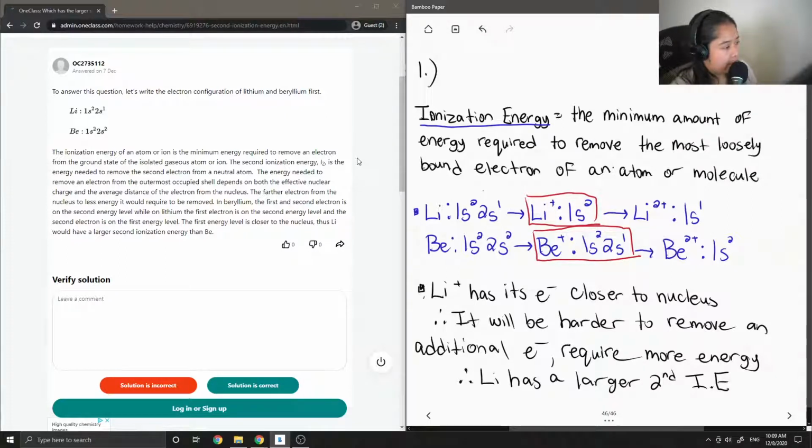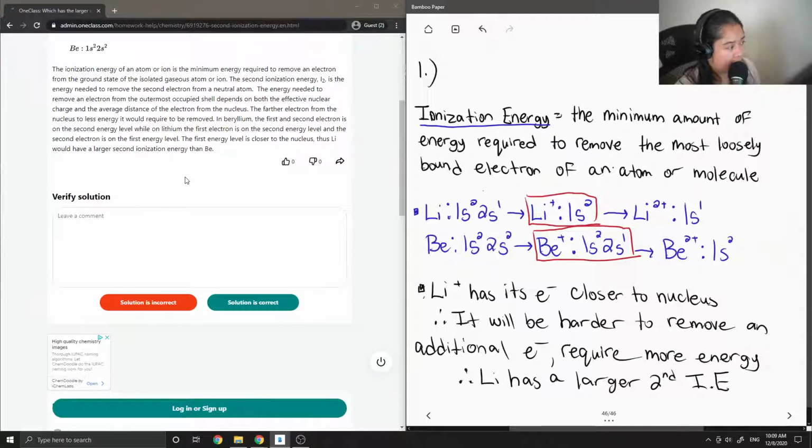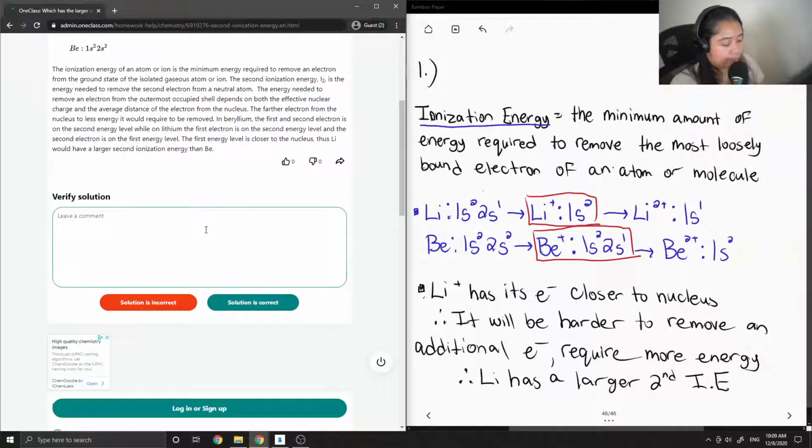In beryllium, the first and second electron are on the second energy level, while on lithium, the first electron is on the second energy level, and the second electron is on the first energy level. The first energy level is closer to the nucleus, thus lithium would have a larger second ionization energy than beryllium. Yep, so this solution is correct.